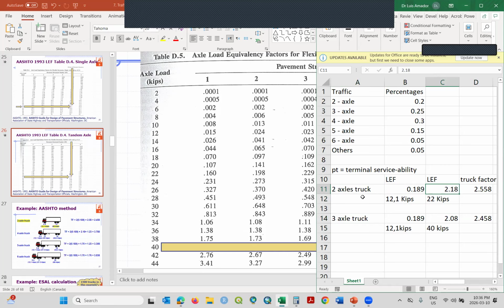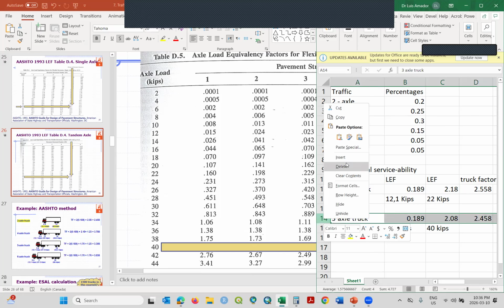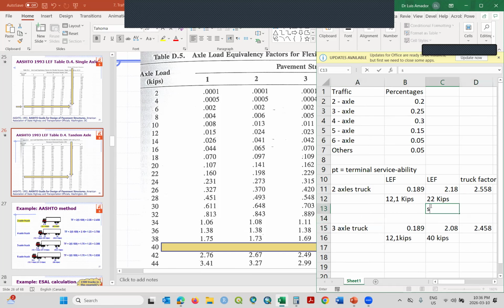But the two-axle is a single axle, and this is a tandem, meaning you have twice as many tires. So although the weight is double, you produce the same amount of damage because you distribute the weight over more contact points.